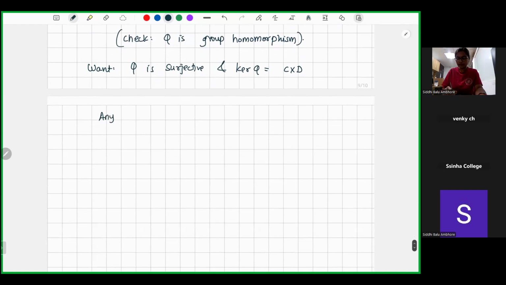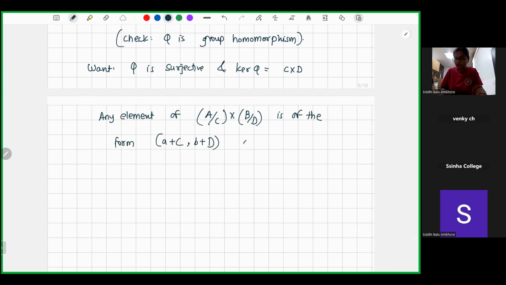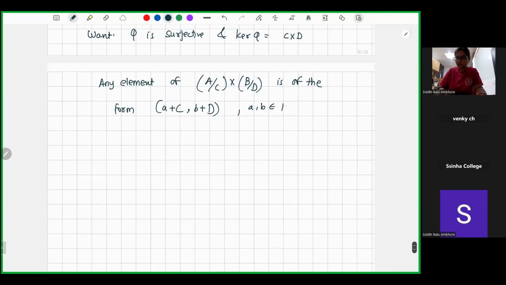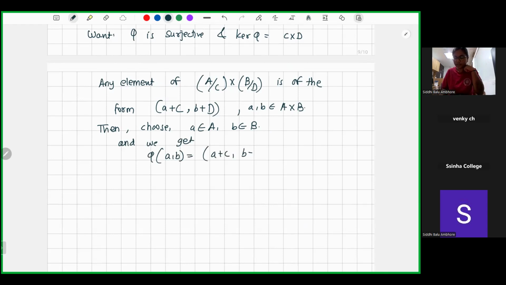Any element of this is of the form (a plus C, b plus D), where (a, b) belongs to A cross B. Then we can choose a in A and b in B, and phi of (a, b) will definitely be (a plus C, b plus D).